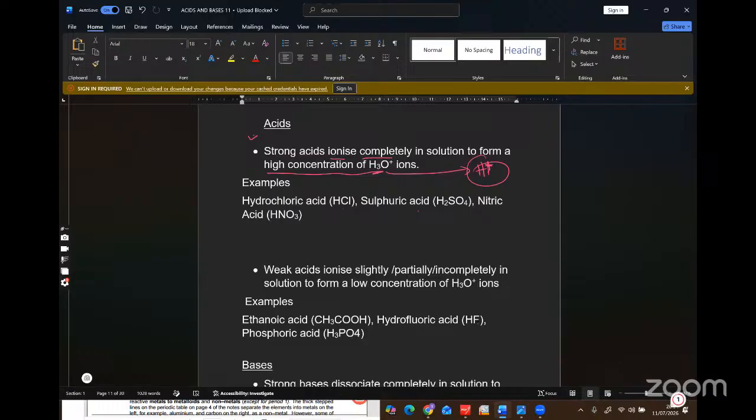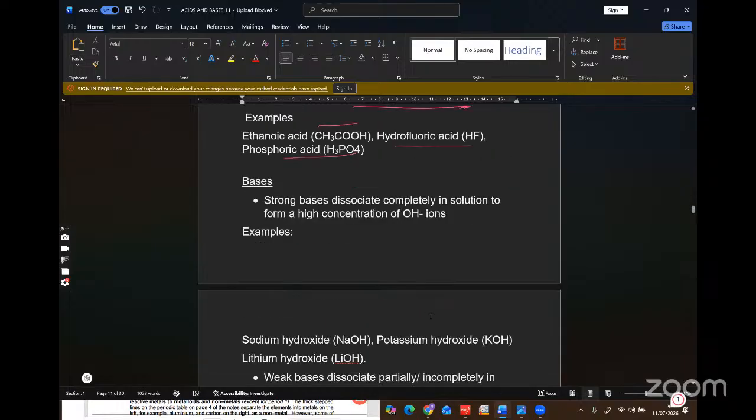So we define a weak acid as an acid that ionizes slightly, partially, or incompletely in solution to form a low concentration of that. And these are examples of your weak acids. The same concept applies with bases.